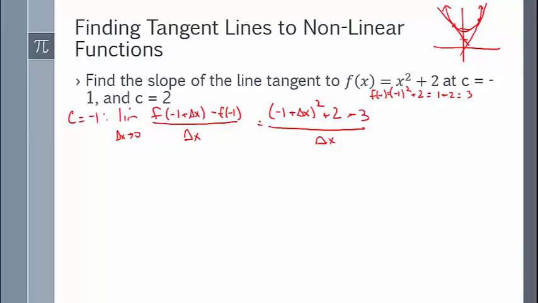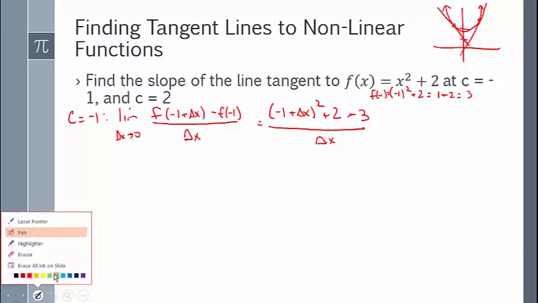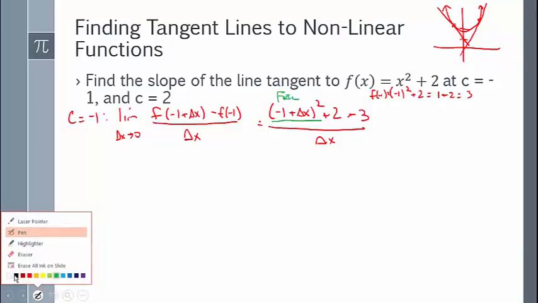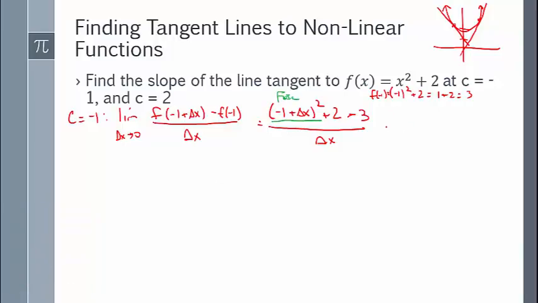Now, I have to deal with this piece, so I have to do some foiling, and I get the limit as delta x approaches 0 of 1 minus 2 delta x plus delta x squared plus 2 minus 3 all over delta x. Okay, again, I have some cleaning up I can do.